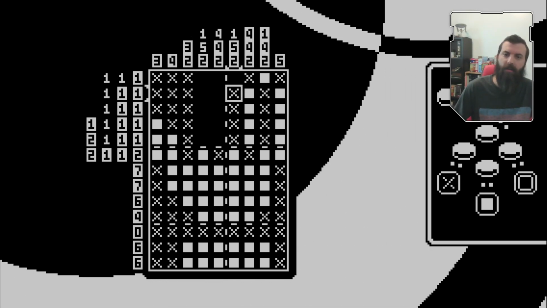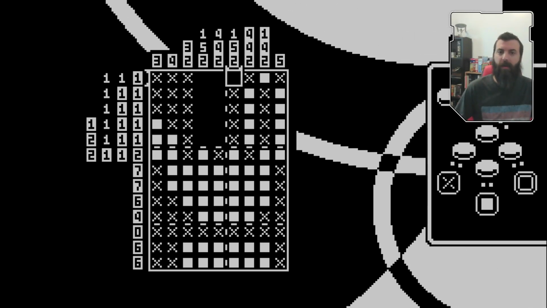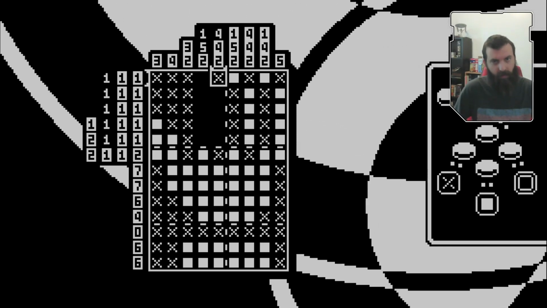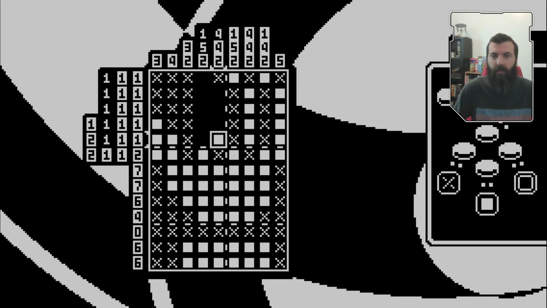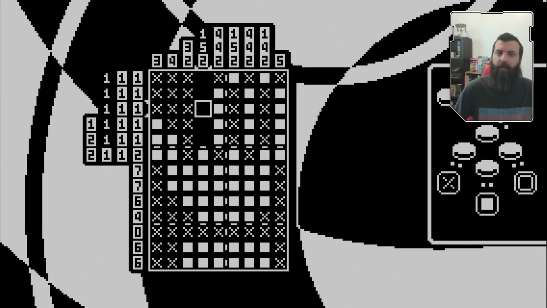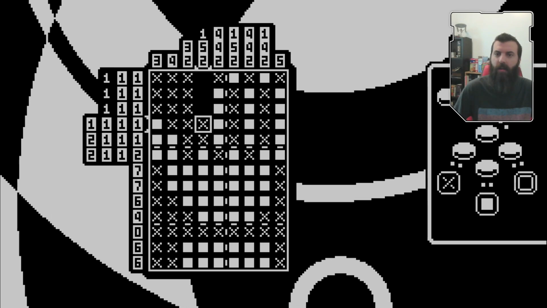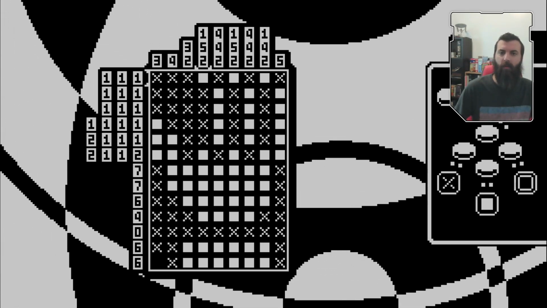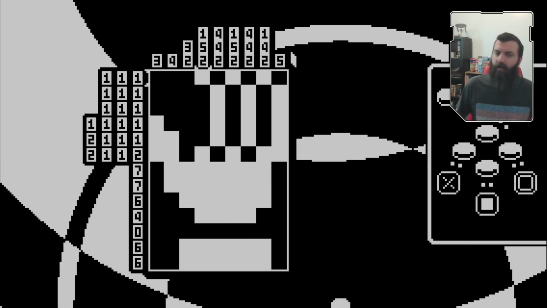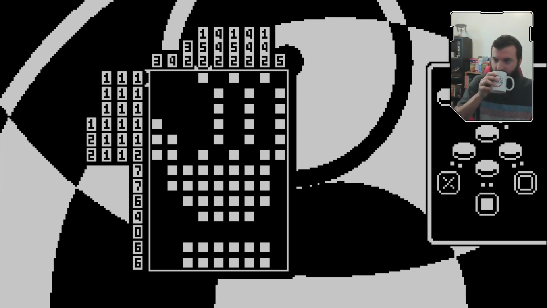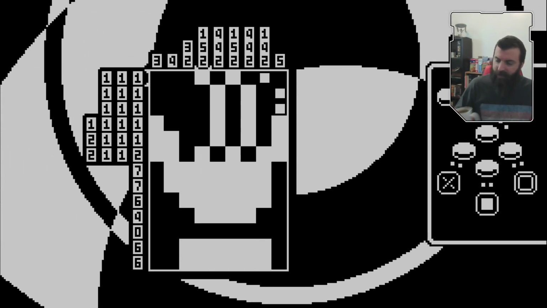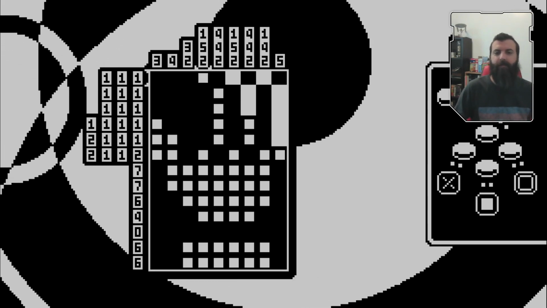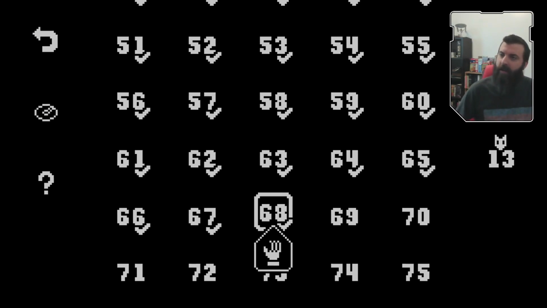Again, a lot of horizontal 1s. Out. Left for this one. That out. The vertical 4, and there's only 4 pixels left. Out. And a lot of 1s and more pixels. That is Nonogram 68 in the bag.